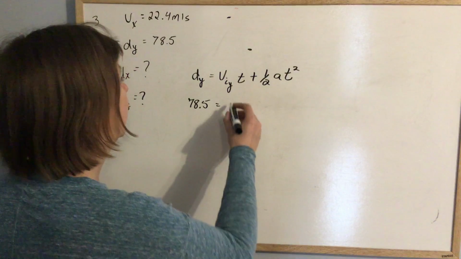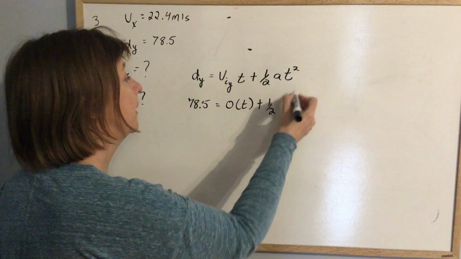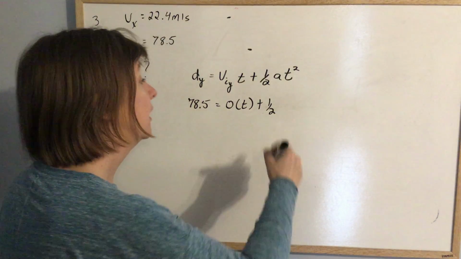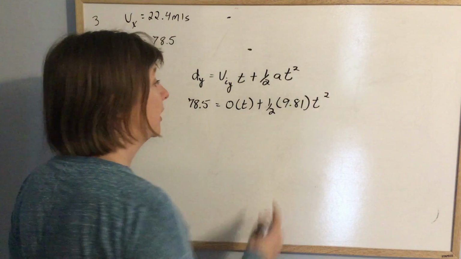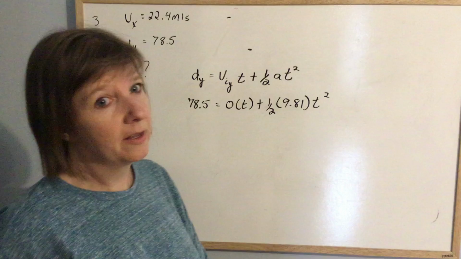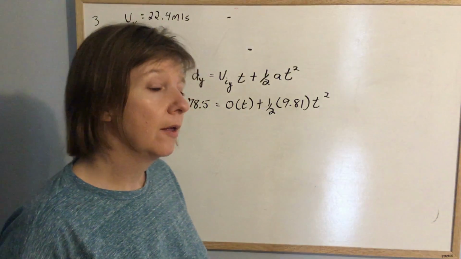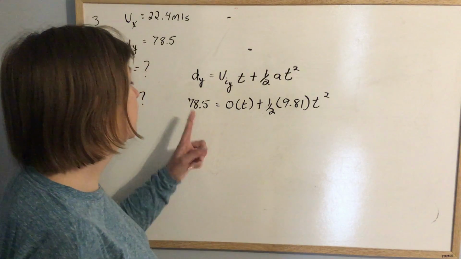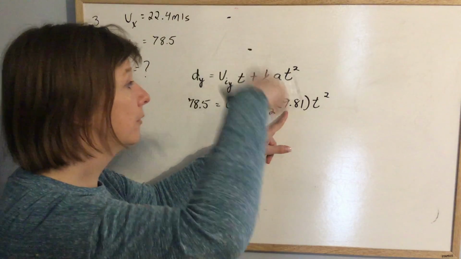So 78.5 is equal to 0 times time plus 1/2 times 9.81, my acceleration vertically, times time squared. Now let me explain about the signs. I decided in this situation the down was going to be positive. The reason I did that was because her displacement is downward, acceleration is downward.